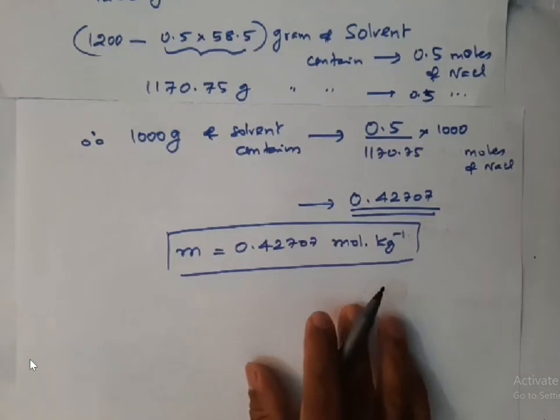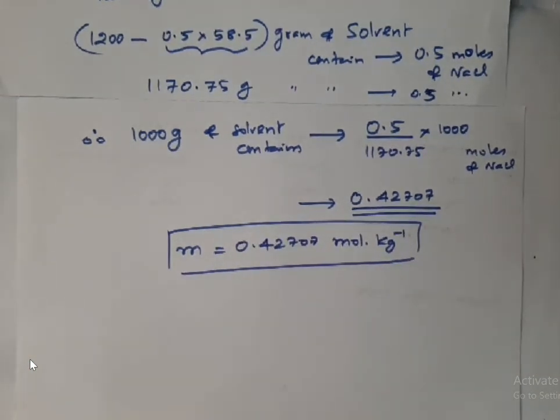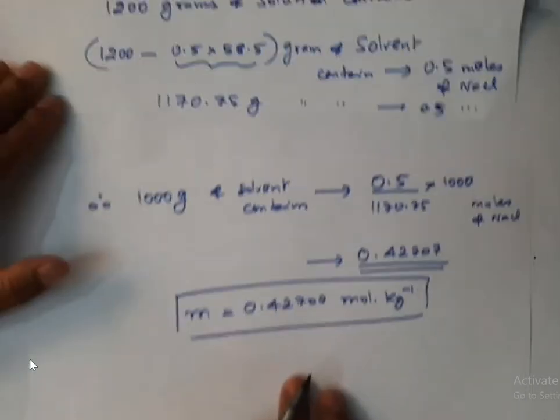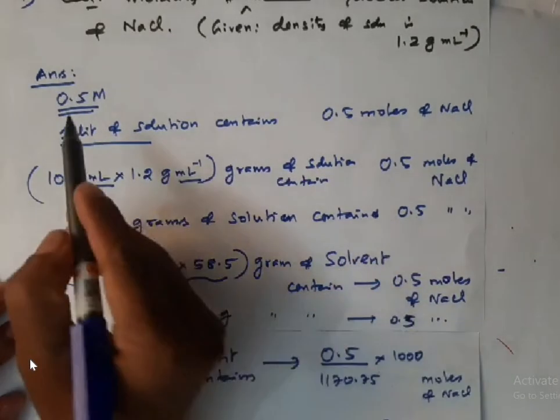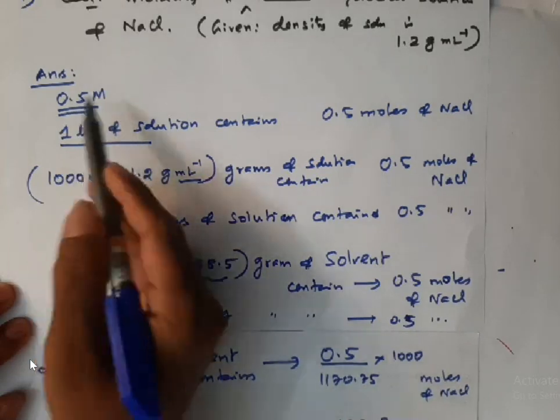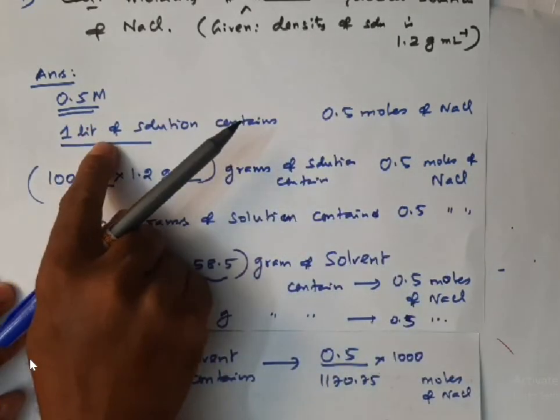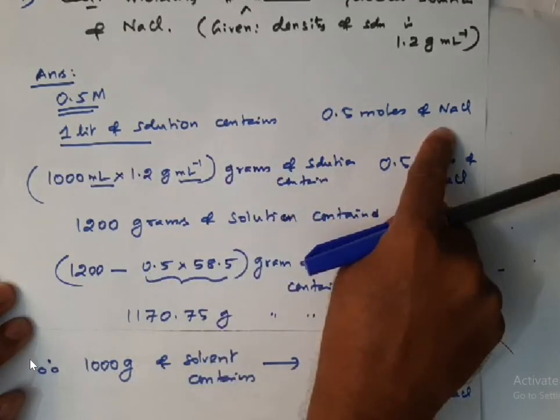Students, is this clear? Any doubt? If you have any doubt, please tell me. No, sir. Right. So this is how you must calculate molality if molarity is given. If molarity is given, you require density. First you write: 0.5 molarity means 1 liter of solution contains 0.5 moles of sodium chloride.